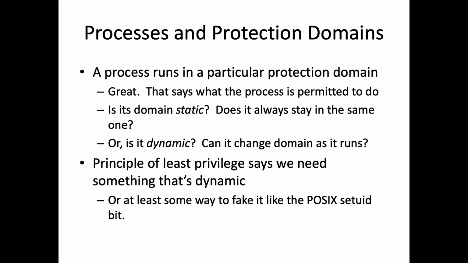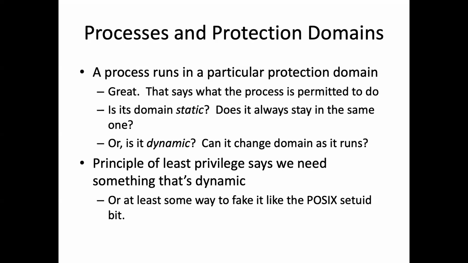So really, we would like an OS that can enforce different permissions as processes run. And that is going to require something else. So far, we've assumed that a process, as it was running, could make system calls whenever it needed to, and the OS would decide what to do based on that.